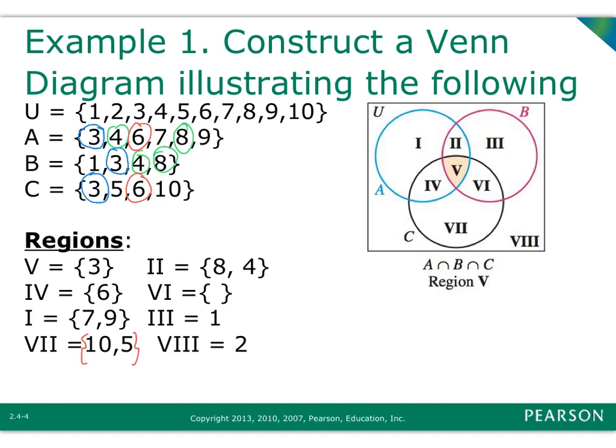Now in region 6, we have the empty set. Region 3, we have 1. And in region 8, we have 2. So there's the illustration of example 1.